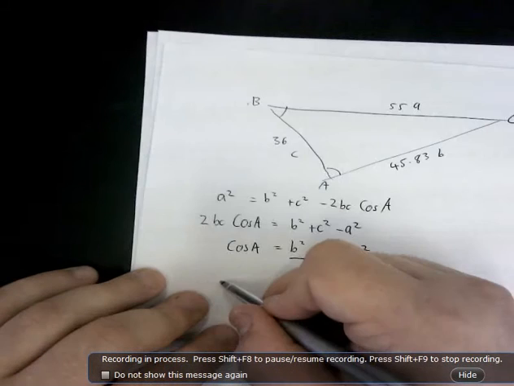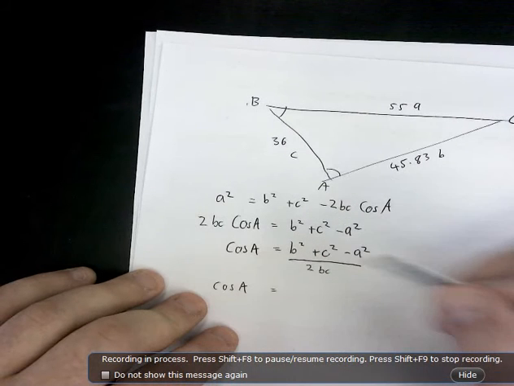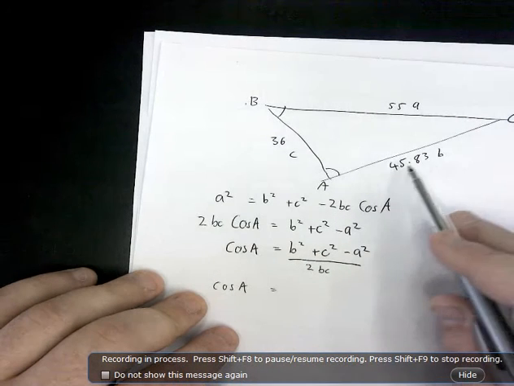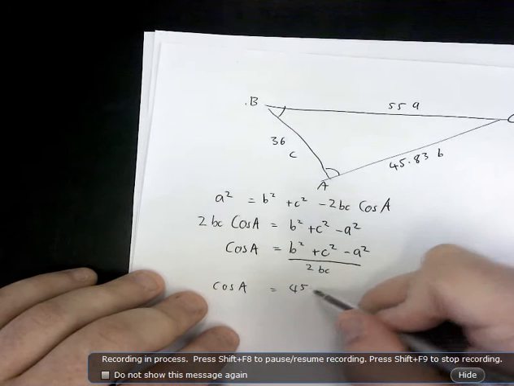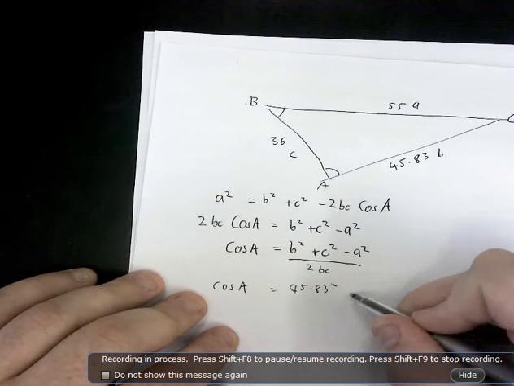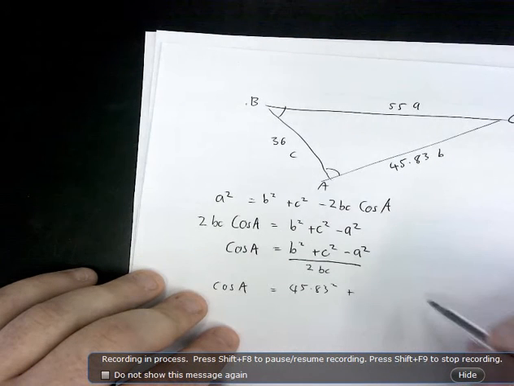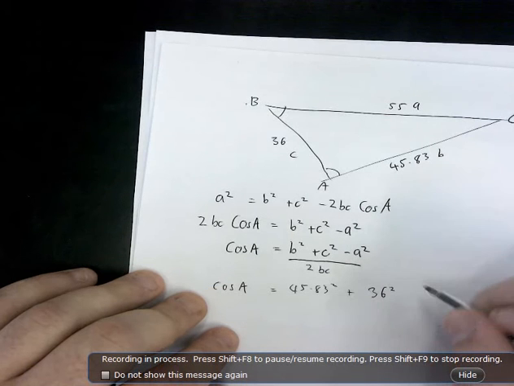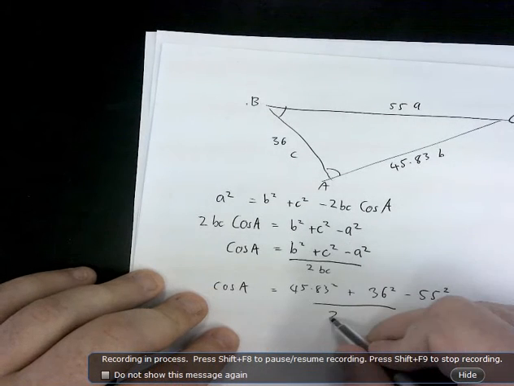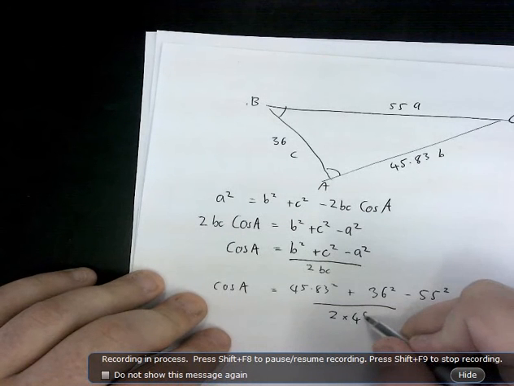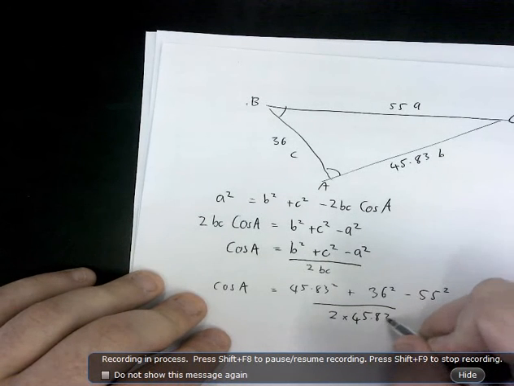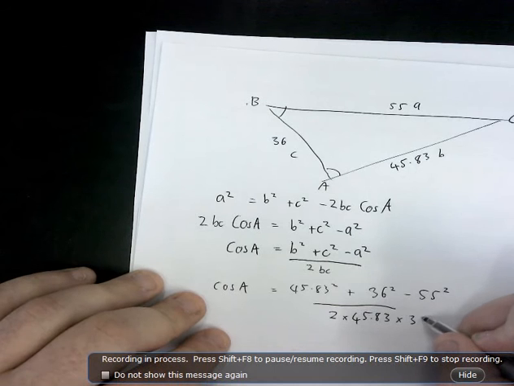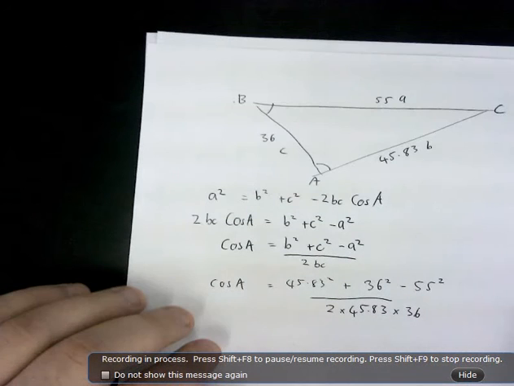So cosine A equals B squared plus C squared minus A squared divided by 2 times B times C. Right.